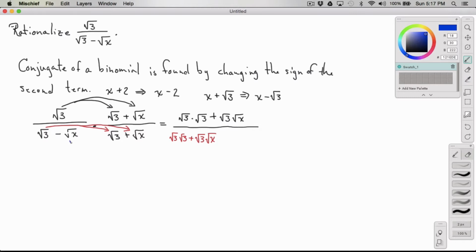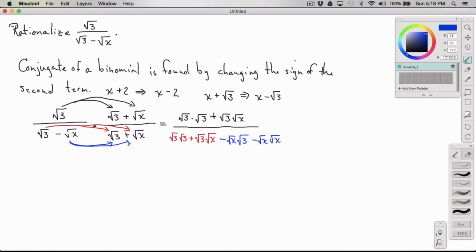That's going to be minus the square root of x times the square root of 3 and minus the square root of x times the square root of x. The order of these can be either one, but minus the square root of x times the square root of 3. Then I'm going to have minus the square root of x times the square root of x.